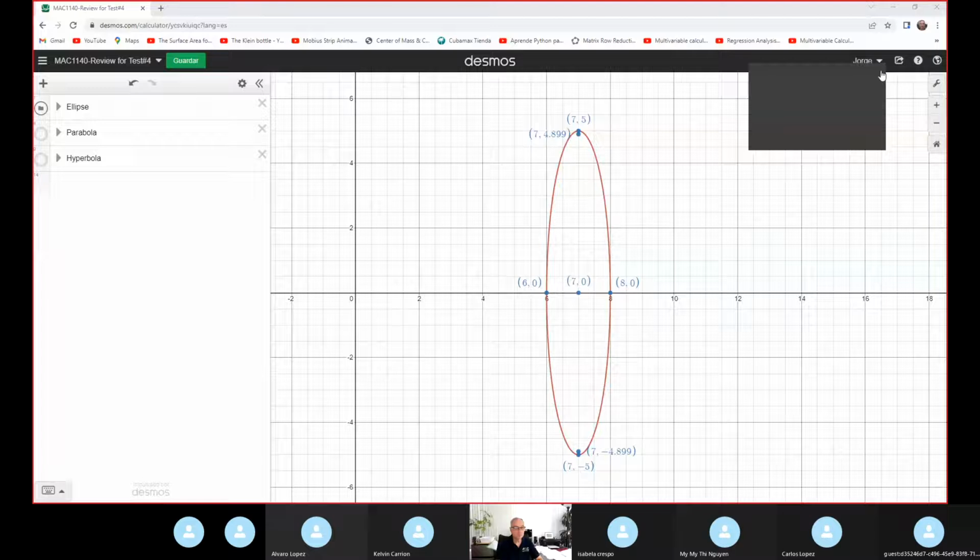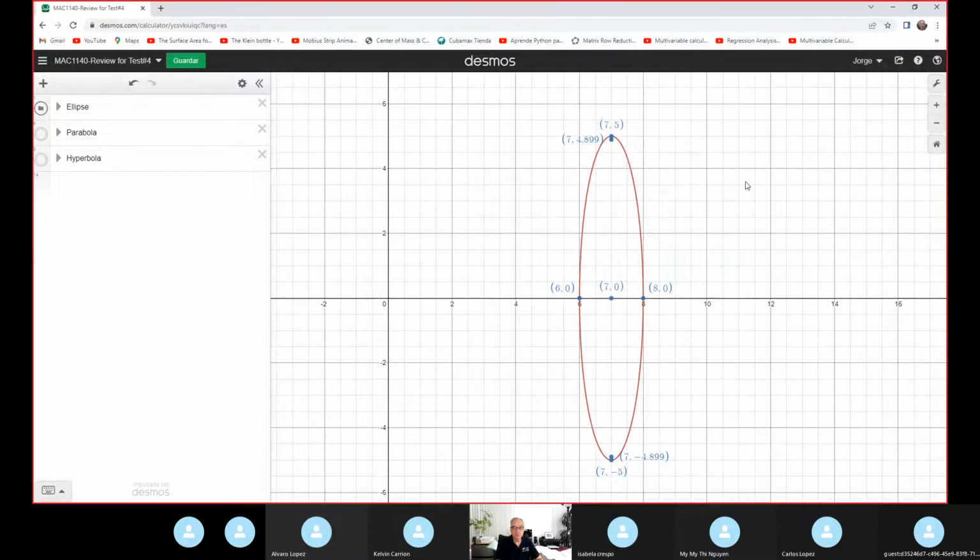Do you see Desmos? Yes. Super. Center, vertex 7, 5 and 7, negative 5. Endpoints of the minor axis 8, 0 and 6, 0, and the focus is the weird number 7, radical 24, approximately 4.89.